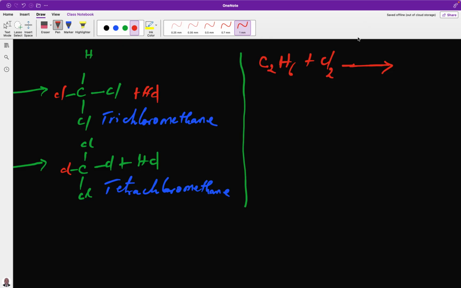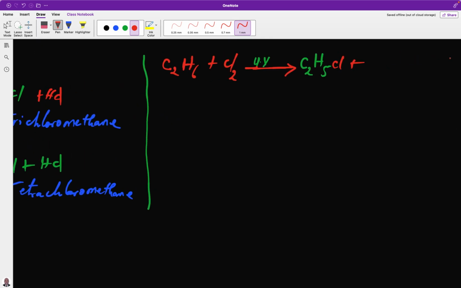Under UV light, you will have C2H5Cl, where we substitute one of the hydrogen atoms here with chlorine, plus what?